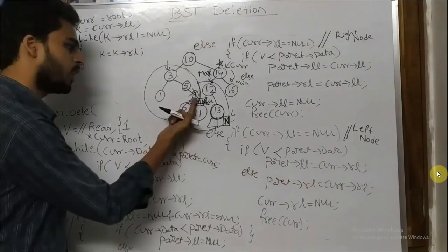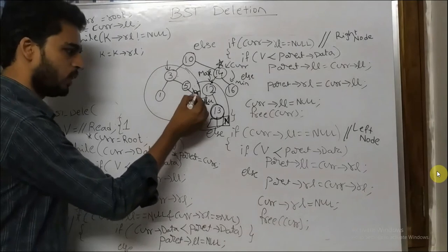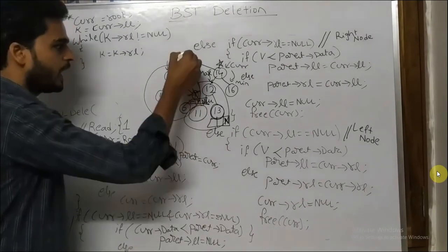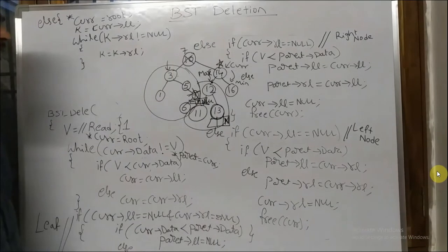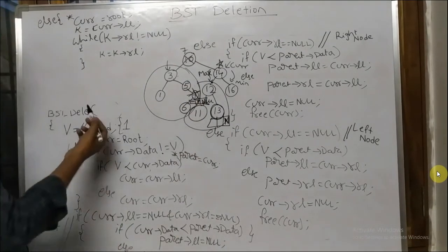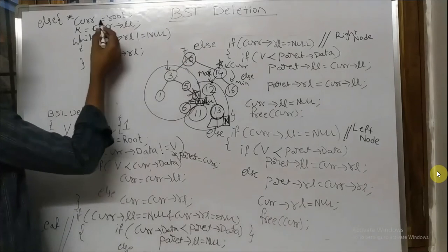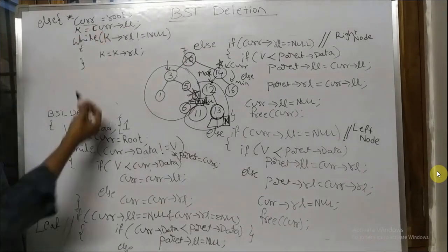So when this is the corresponding maximum, what do we need to do simply? We need to take out this value, and replace this value with the value 7. So simply I can replace the value 7. So how are we going to replace? This particular node, can I have? Yes. Right?